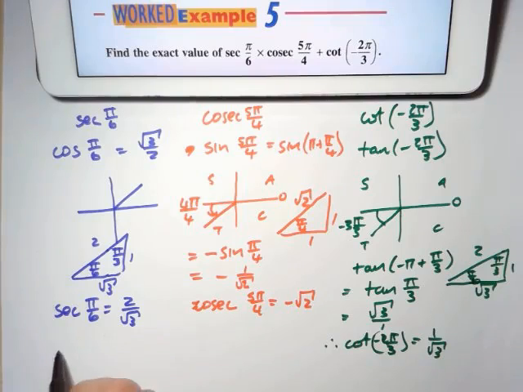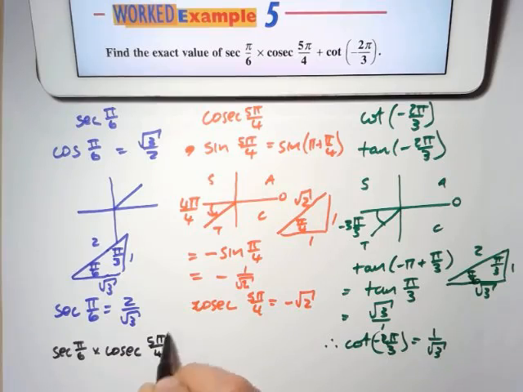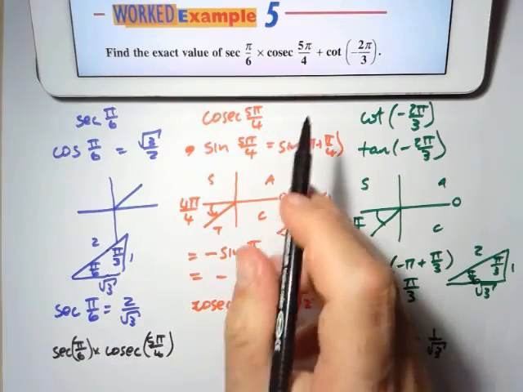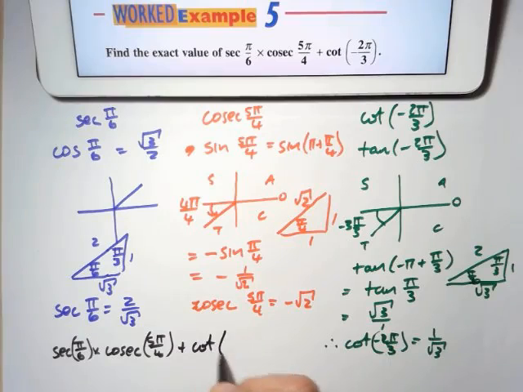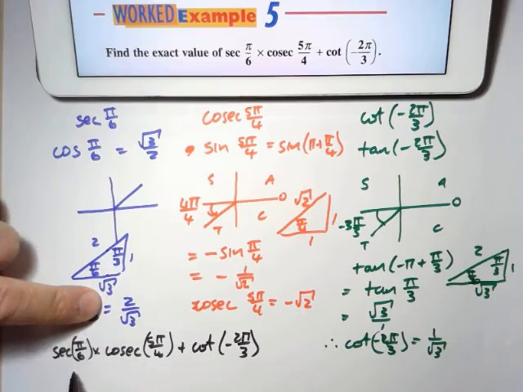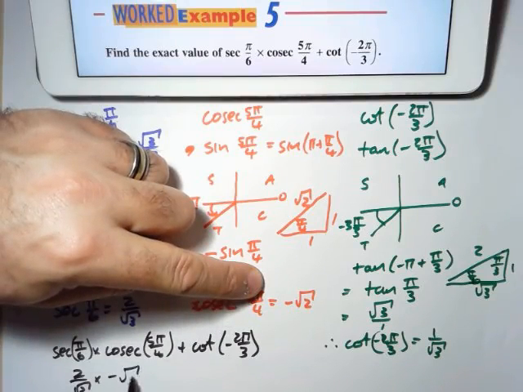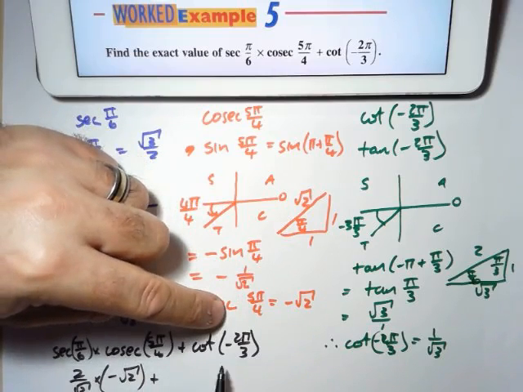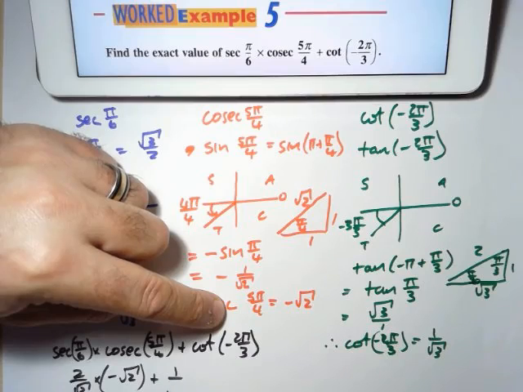The sec of pi over 6 multiplied by the cosec of 5 pi over 4 plus the cot of negative 2 pi over 3 equals 2 over square root 3 times negative square root 2. Put the bracket around so you don't mess up that negative, and this last value is 1 over square root 3.